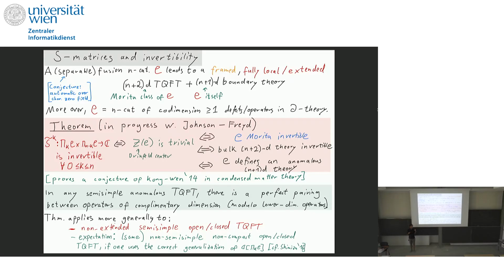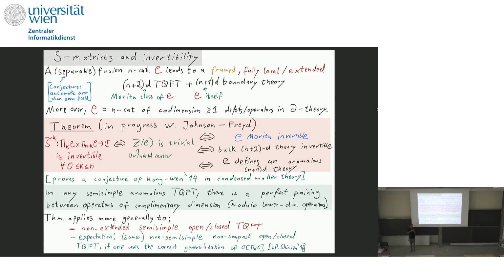A way to discover what these components are is a way to see when this statement is true. Like, what do you need to do to make this statement true? You really have to pass to these quotients. And it would be interesting to see, is there some sense in which this pairing between operators of complementary dimensions, if I'm in a general QFT, I can still pair topological operators in that way.